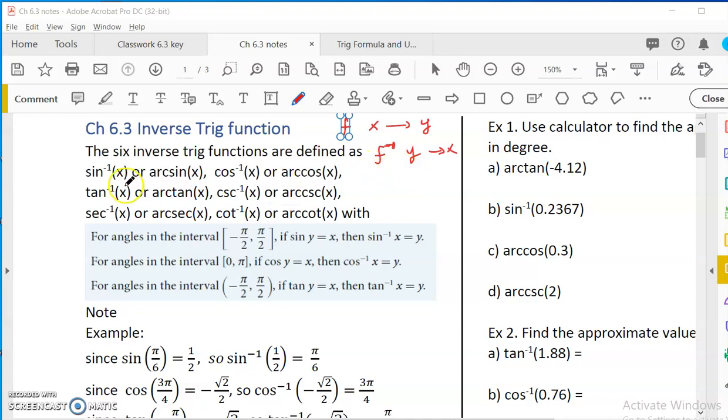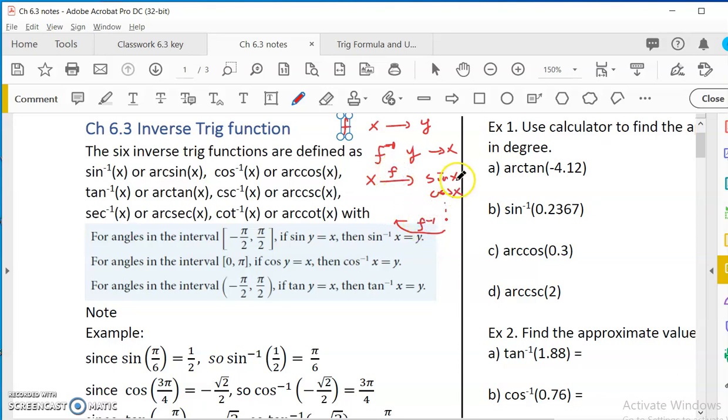Originally we have sine, cosine, tangent, all those 6 trig functions, where our input is an angle or an arc length, x, and we map it to sine x or cosine x, or the other four. So the inverse function will actually map the output, like 1/2 or root 2 over 2, back to the angle.